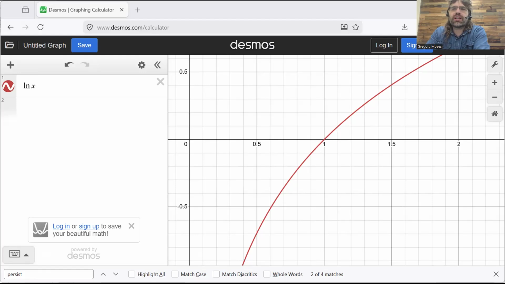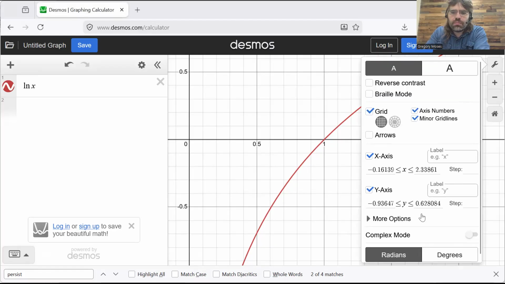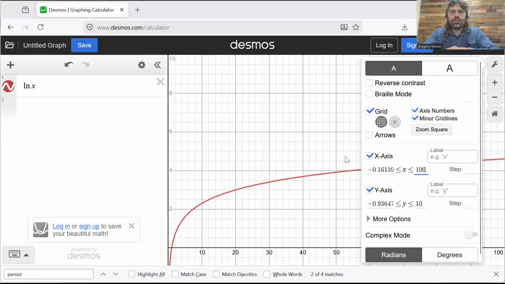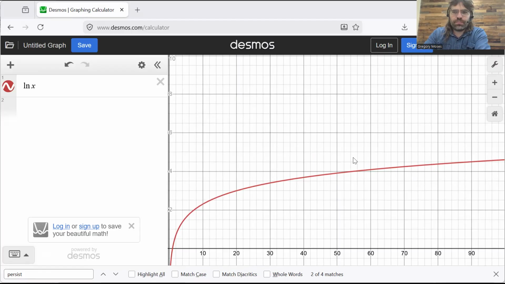It's not growing especially slowly here, but you see it slows down very quickly. When x is 10, it's growing at a rate of 1/10th.